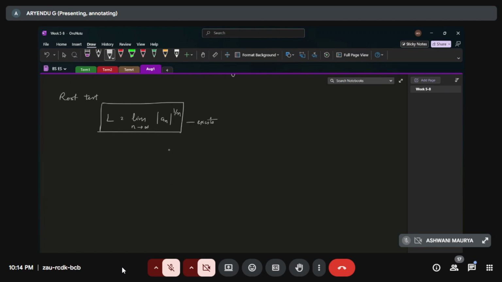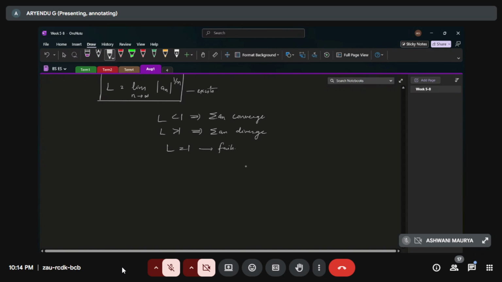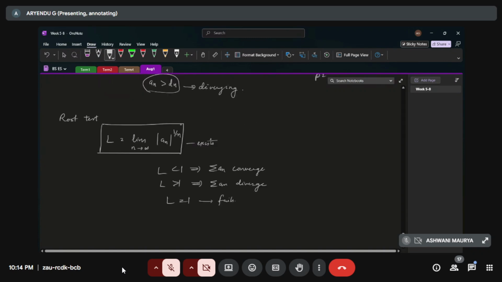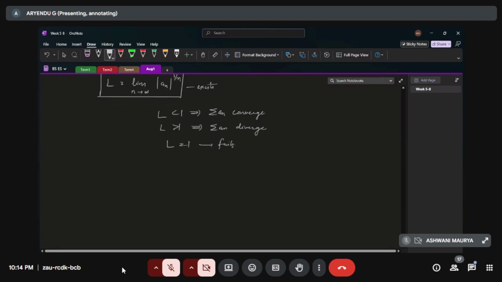For that, the criteria is L less than 1 implies this series an will converge. L greater than 1 implies the series will diverge. And if L is equal to 1, then the test fails. We do not have to consider that situation. So this is the root test.